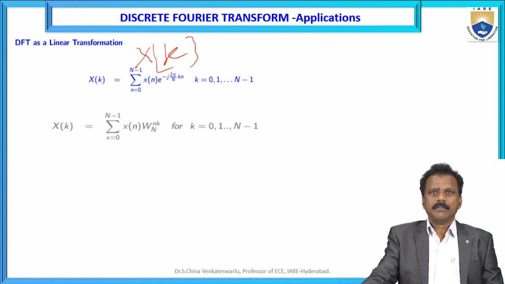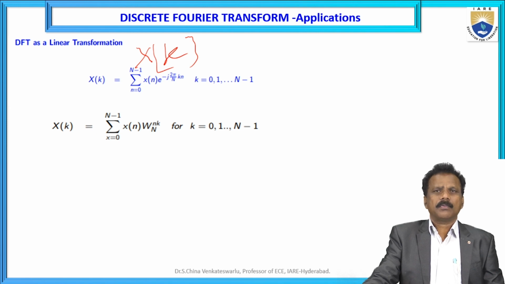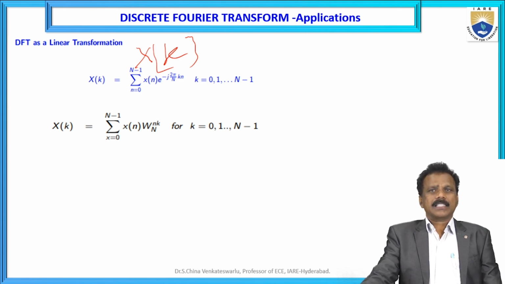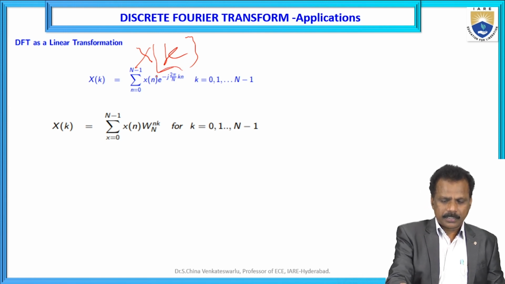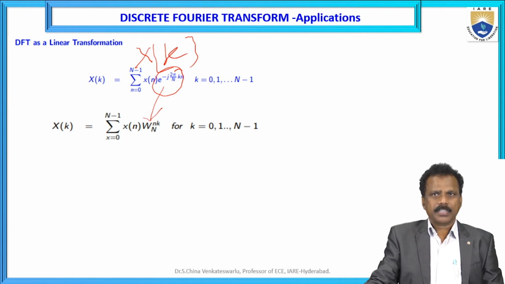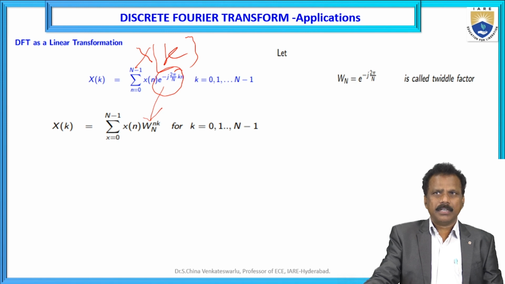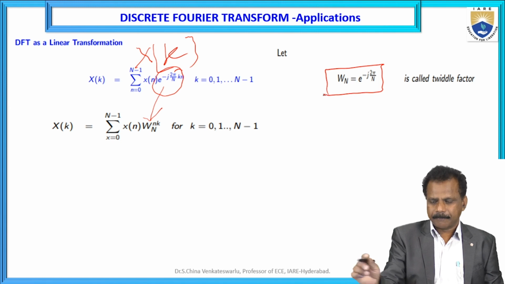That is, X of k is the summation of x of n with the twiddle factor W N power nk, for k equal to 0, 1, 2, 3 up to N minus 1, where the twiddle factor W N is equal to e power minus j 2 pi by capital N.